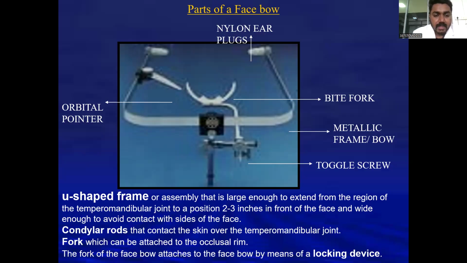It has condylar rods that contact the skin over the temporomandibular joint. There are some types of facebow: some use ear rods, some use condylar rods, and there is a fork which can be attached to the occlusal rim, and the fork attaches to the facebow by means of a locking device.